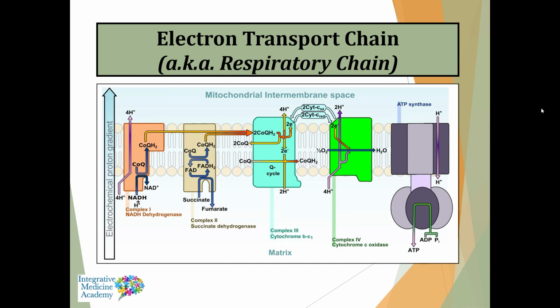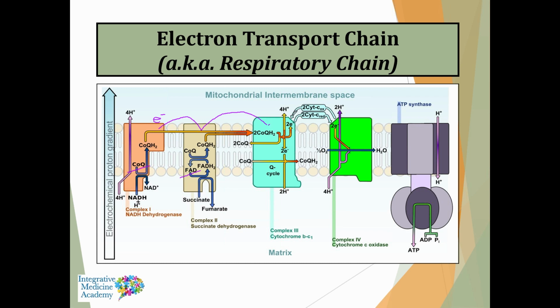And one of the things to keep in mind is that all of these complexes can be altered genetically. They can also be altered by different chemical toxins and heavy metals. And if we think about the basic function of the electron transport chain, it's essentially moving electrons that carry a negative charge from one complex to the next through oxidation reduction reactions with all of these factors, CoQ10, flavin adenine dinucleotide, for example.